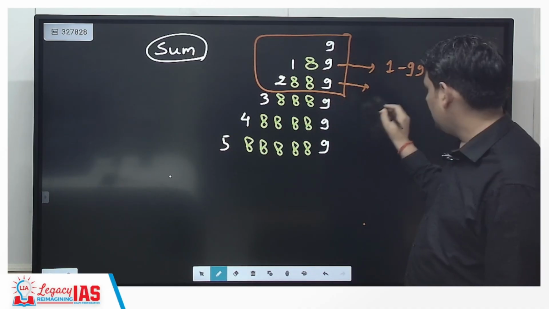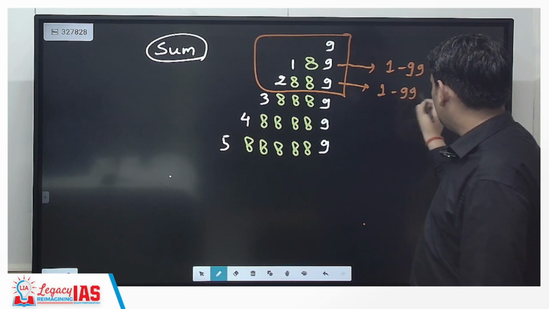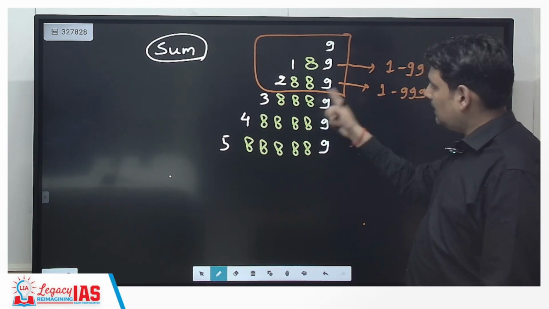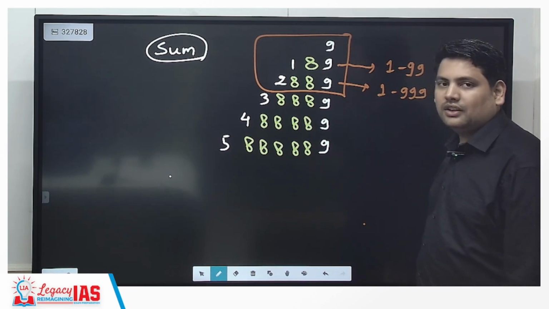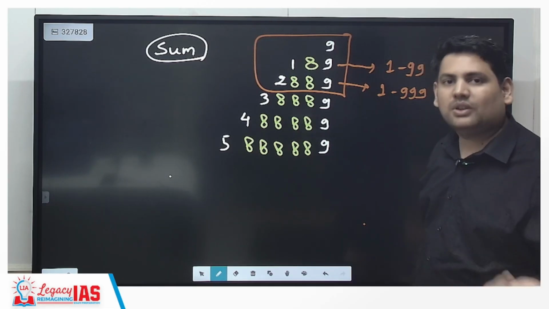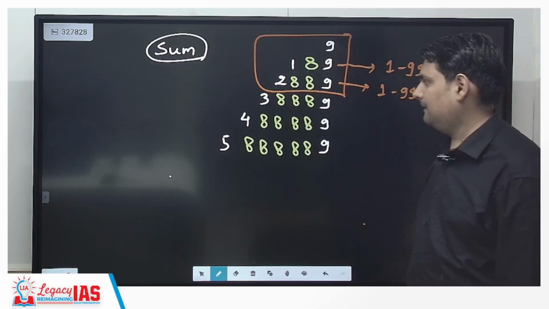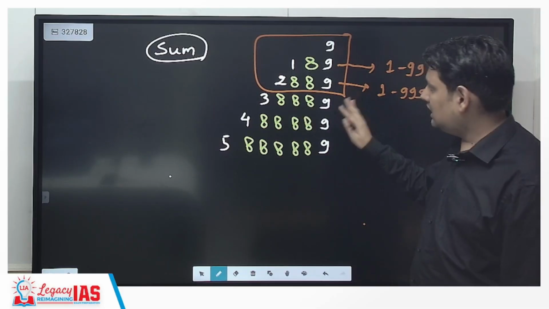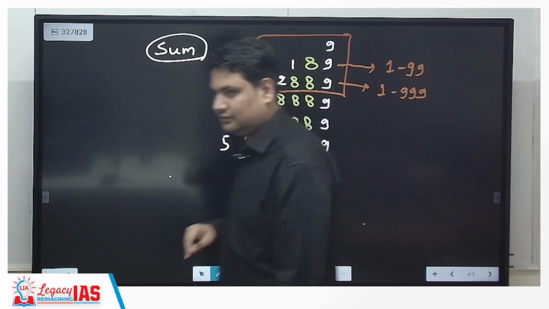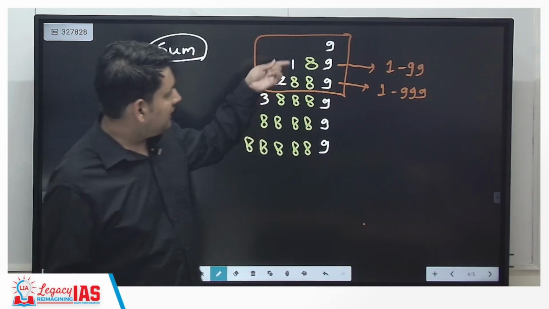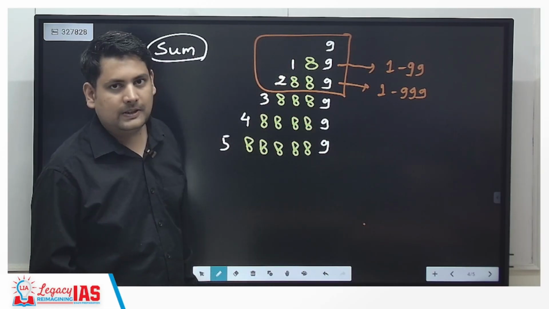This is for 1 to 999. This is the sum of all the number of digits that you will use to write from 1 to 999. Understood? So this is the pattern that we follow. Now always remember these two at least.